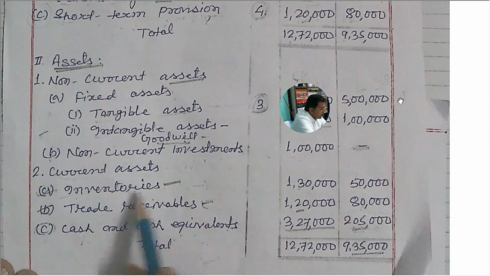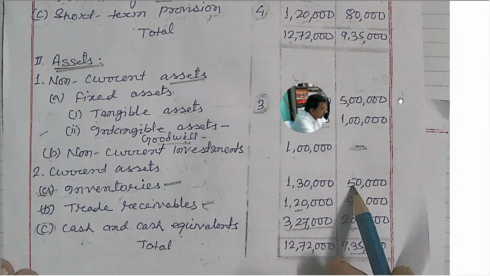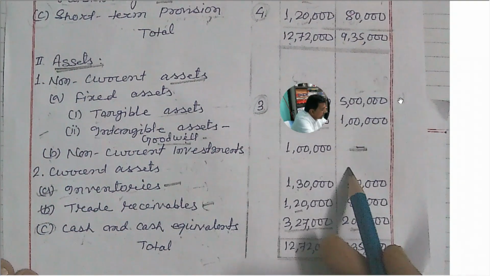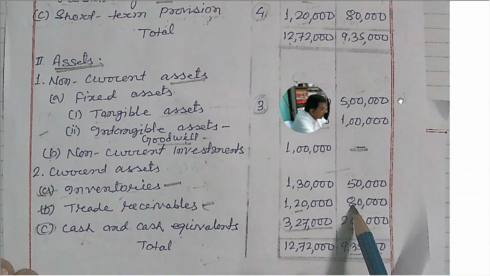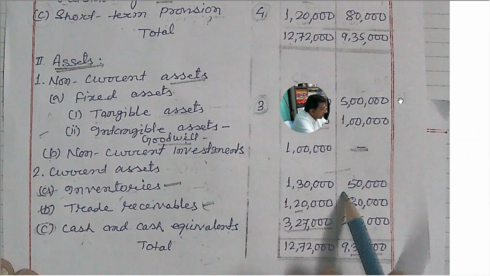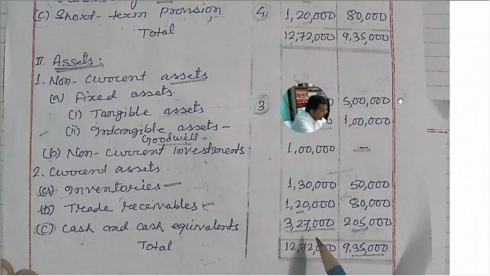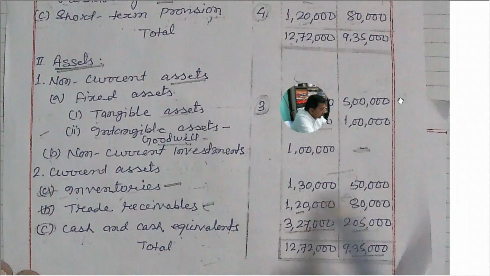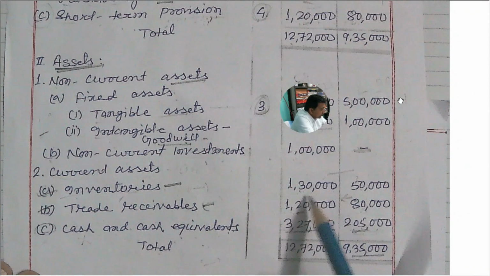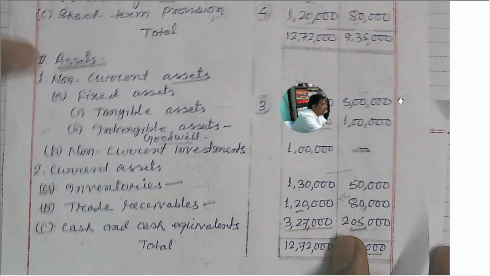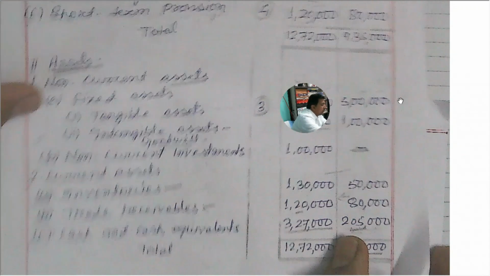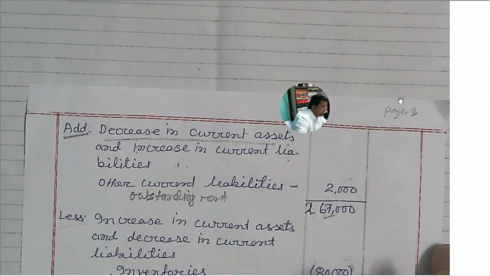Inventories went from 50,000 to 1,30,000, so it is increased, and trade receivables from 80,000 to 1,20,000 also increased. So we will write here only if the asset decreased from the preceding year to the current year. This 2022 is also called the current year. But both these current asset items are increasing, so we will take them in the next step.